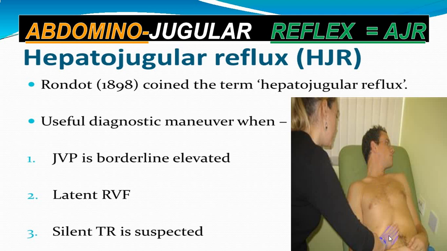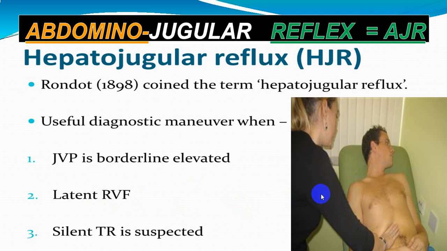You apply pressure in the right hypochondrium below the right costal margin. Maintain that pressure. JVP will be elevated. And when you release, equal time will be taken for the JVP to fall. This is classical in a case of right ventricular failure. Also, you will be able to demonstrate this in a case of tricuspid regurgitation.